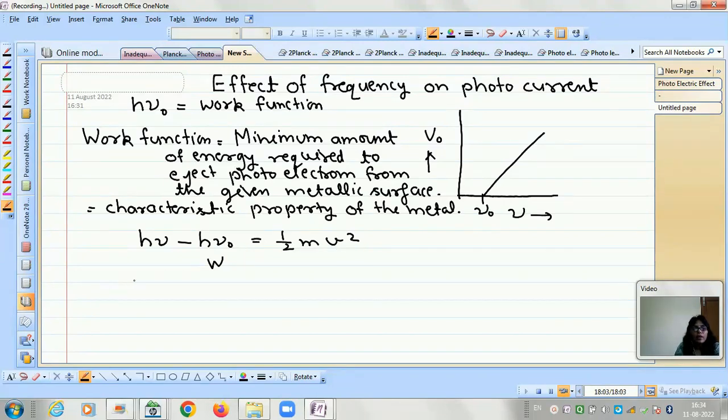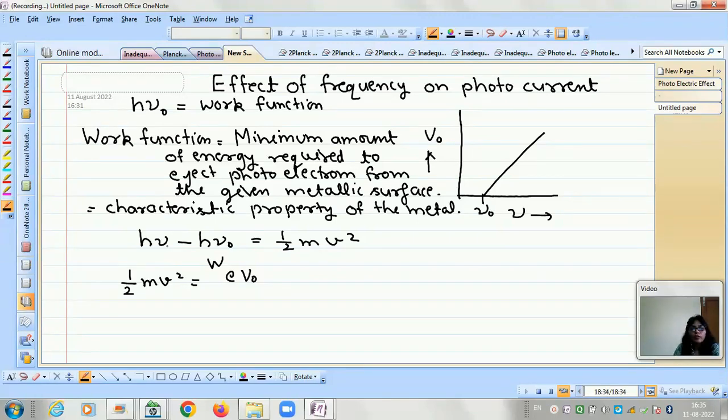Then we also have the equation half mv square. This is related to the stopping potential, eV naught. This relation we have already used: the stopping potential is the potential which will overcome the kinetic energy of the ejected photoelectron, and therefore the photocurrent will become zero at the potential V naught.